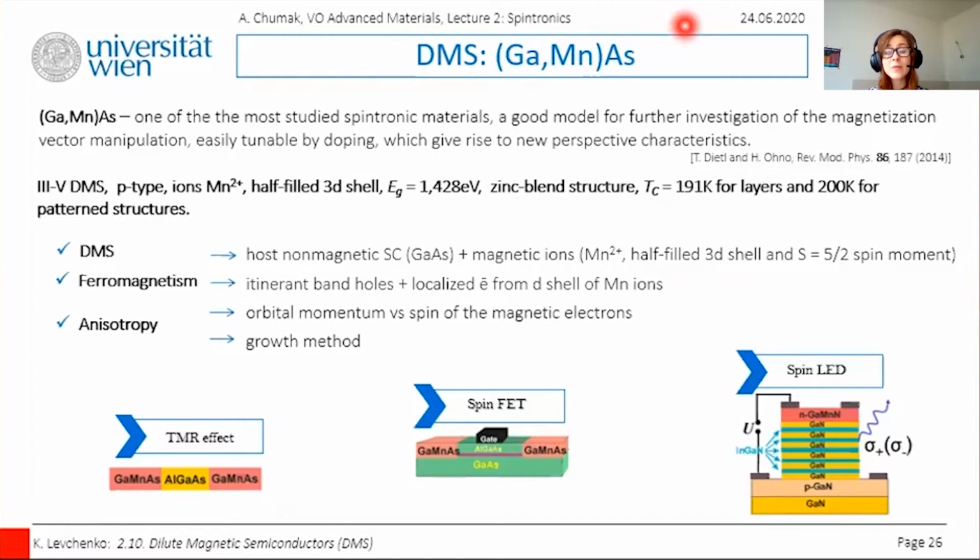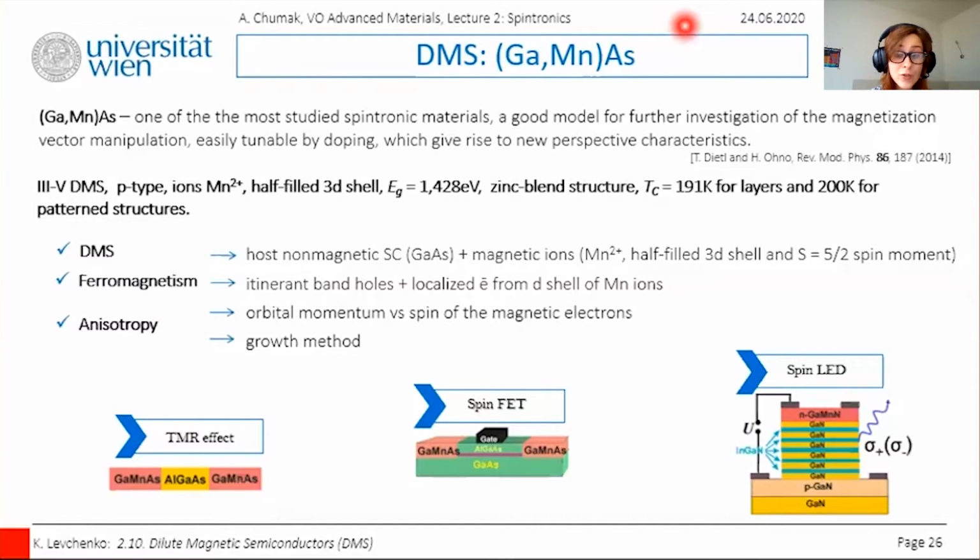The ferromagnetic ordering of relatively widely spaced manganese dopants arises from the antiferromagnetic interaction between the manganese 3d magnetic moments and delocalized charge carriers. In other words, we have a carrier-mediated magnetism.